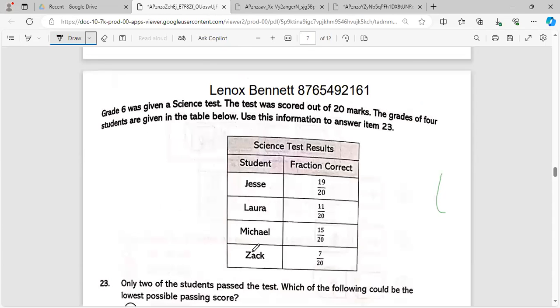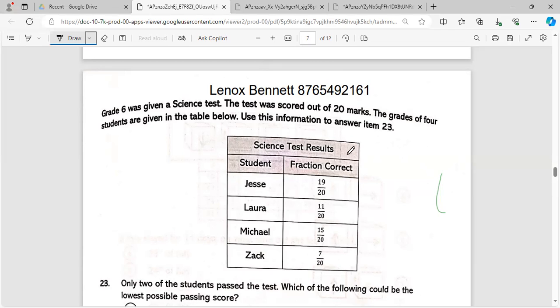Kayla, you're next with this one. Go ahead. Grade 6 was given a science test. This test was scored out of 20 marks. The grades of 4 students were given in the table below. Use this information to answer item 23. Science results.